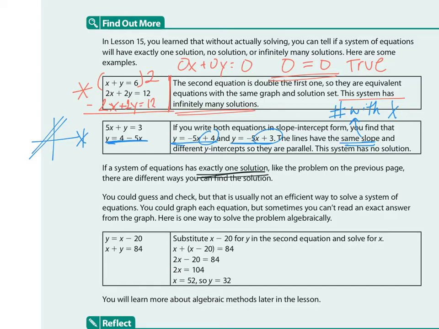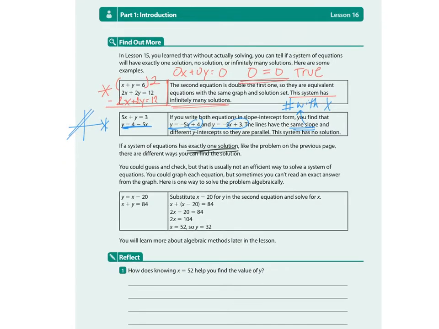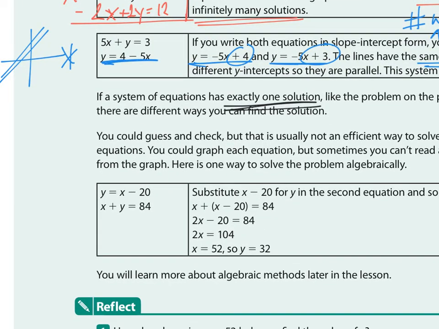Sometimes elimination or substitution is a little bit easier for us to do, and that's what they've done here. They've done substitution on this system that we see right here.